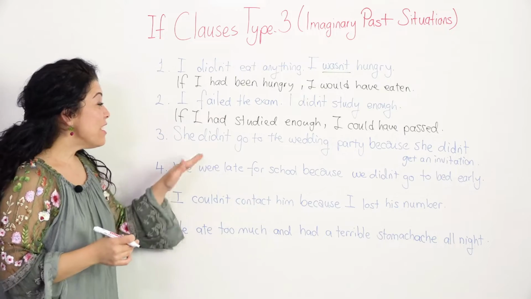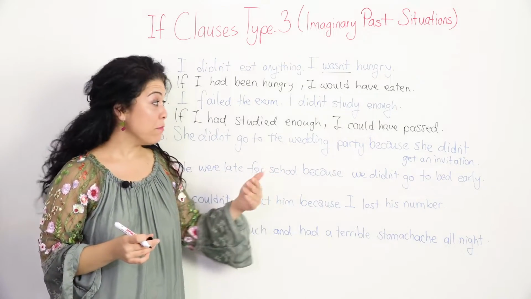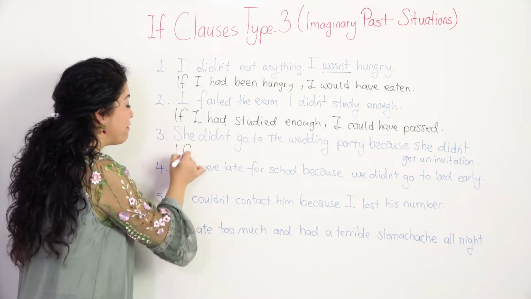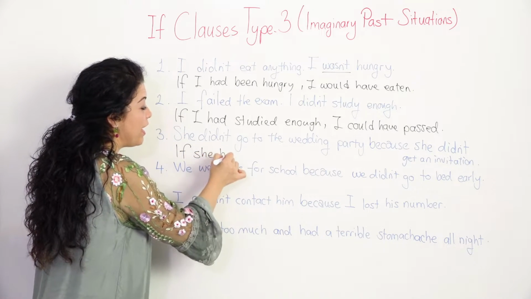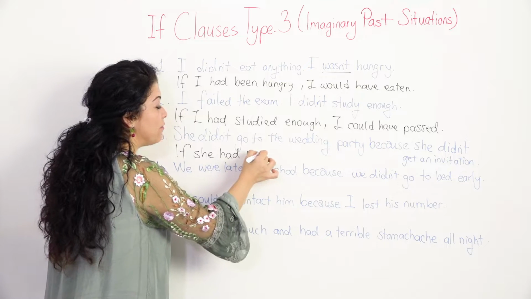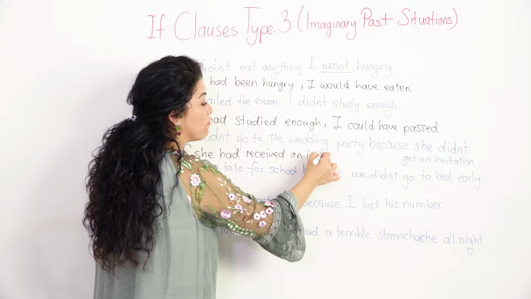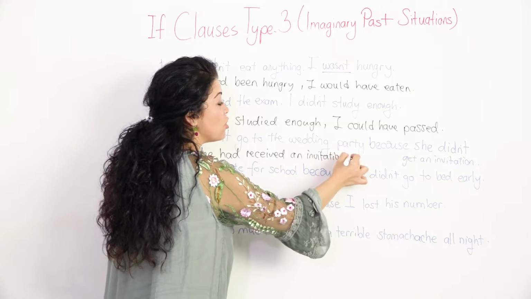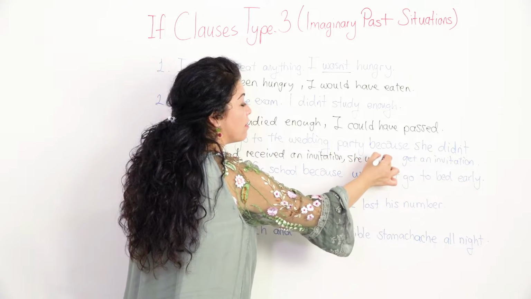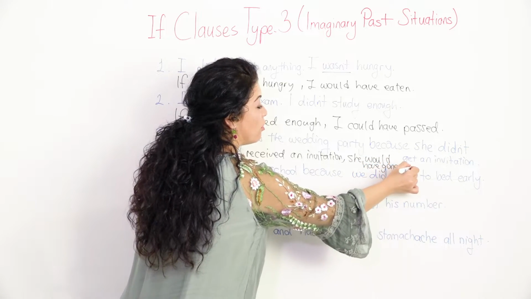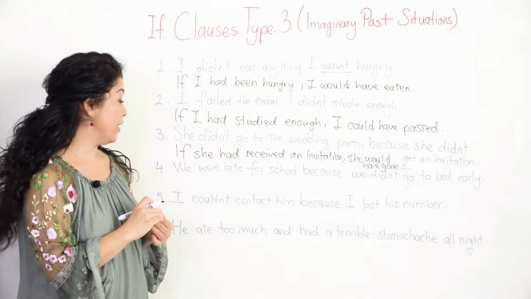Number 3, she didn't go to the wedding party because she didn't get an invitation. If she had received an invitation, she would have gone. She would have gone to the wedding, definitely.